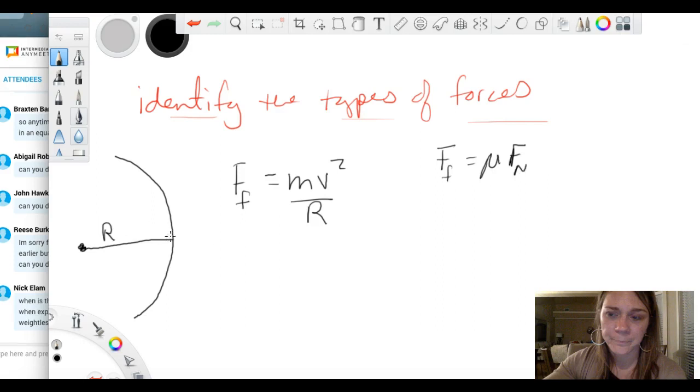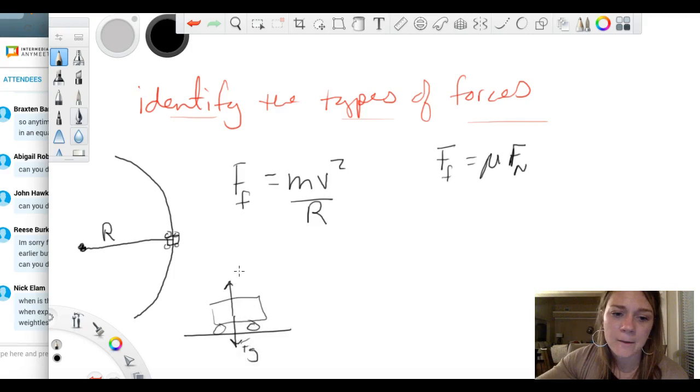If I have a car here and I were to draw the free body diagram acting on this car, in the vertical direction, I've got the force of gravity and I've got the normal force. If it's just moving in a horizontal curve, like I've shown here, so this is a top view, not a side view, looking down from the top, if I'm in my car going around a curve, then the gravitational force and the normal force have to be equal.